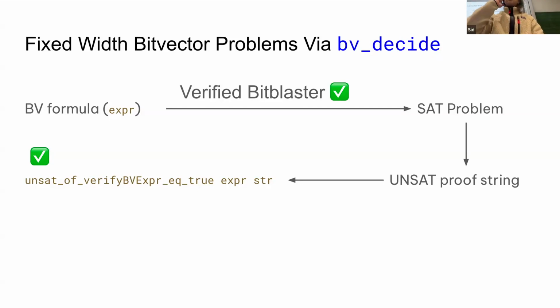It shows the correspondence between the arithmetic definitions that we have and the SAT formulae you need to generate, which encodes the same bit vector problem. So that's bit blasting. That's what lets you go from the bit vector theory to the SAT theory.